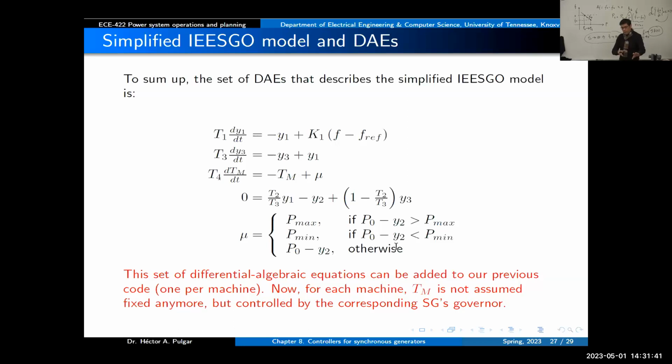So if you have a model with the description that we have studied so far, we need to add these to our set of differential algebraic representation for your whole grid. If you have three generators with turbines and governors, then you need to add this set of equations for each one of them.